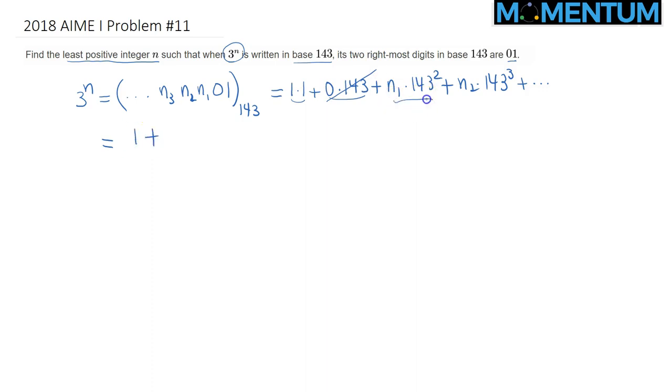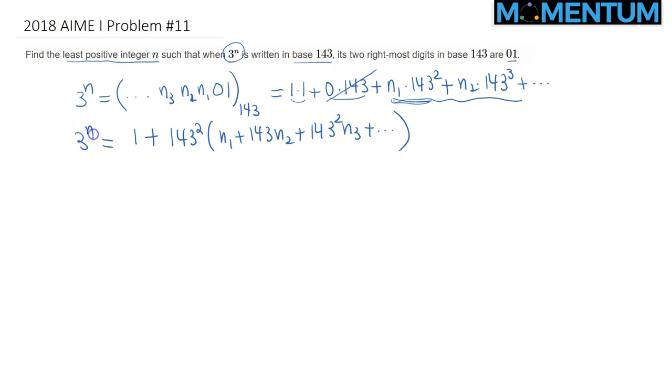It's clear that all the remaining terms have a 143 squared in them, so we can factor out the 143 squared. What we are left with is n1 plus 143 n2 plus 143 squared n3, and so on.